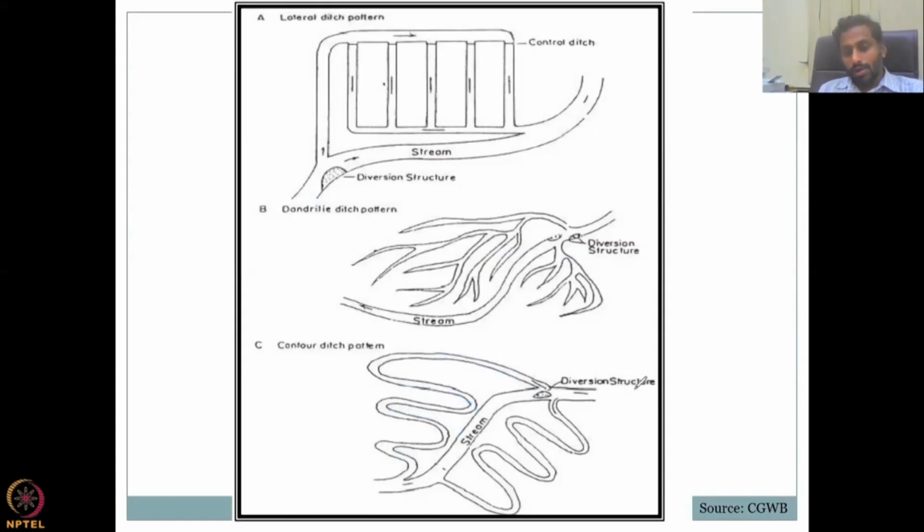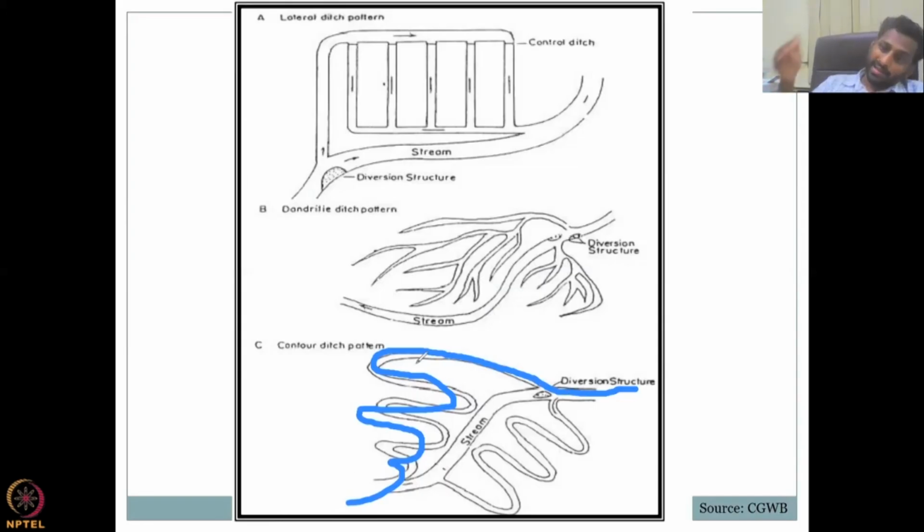So how does water come? Water comes like this. A small diversion is there, so water would move in a tortuous pattern. It will move up and down and then come back to the main channel. However, because it is moving parallel to the elevation lines, groundwater would be recharged like this. Okay.